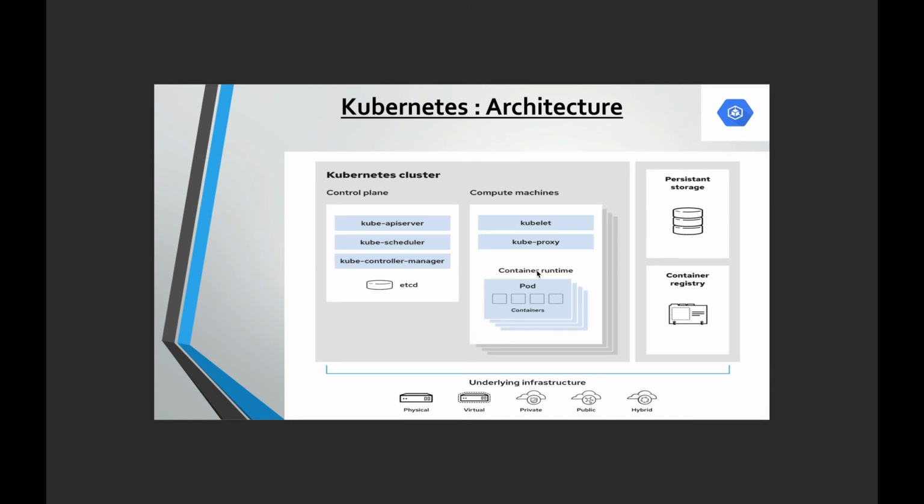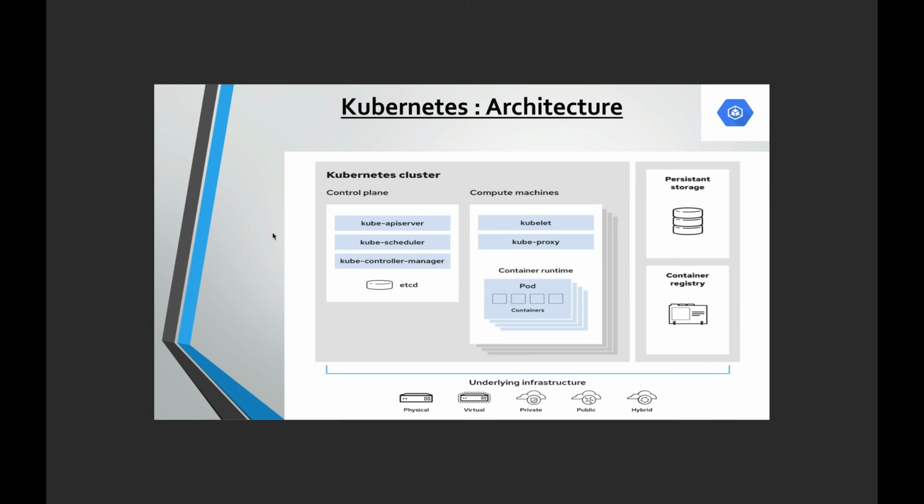Let's go through the kubelet first. Kubelet is like a communicator between the control plane part, which is managed by Kubernetes, and the compute machines. So it helps to communicate between the control plane and the compute node. Whenever the control plane needs to perform some action on the nodes, kubelet executes the action.